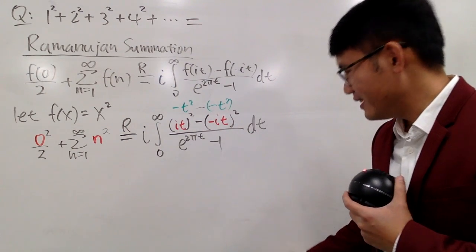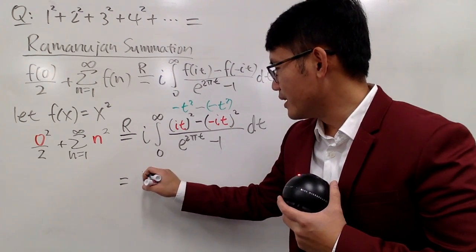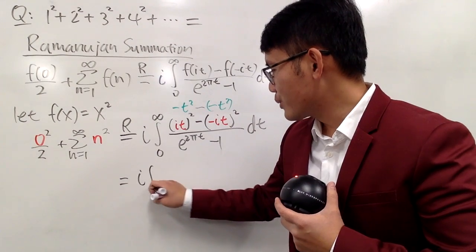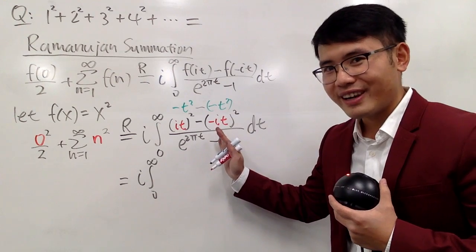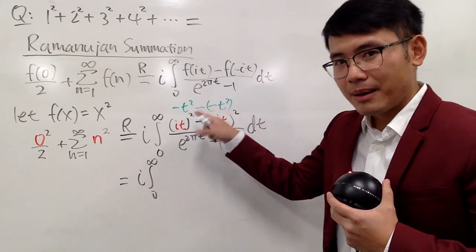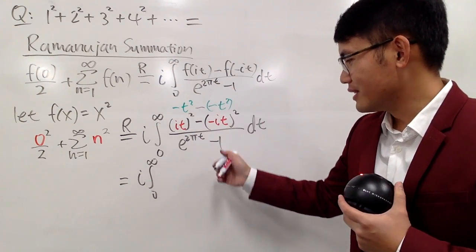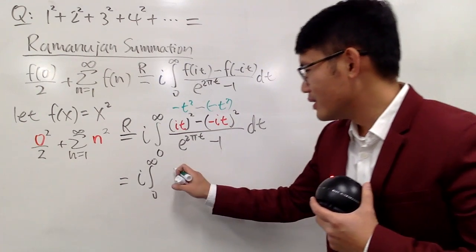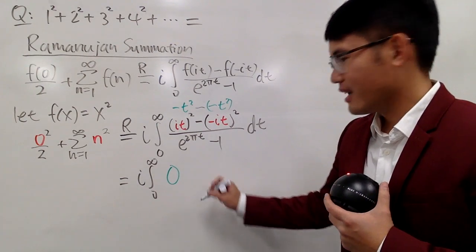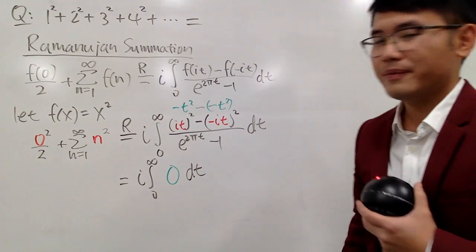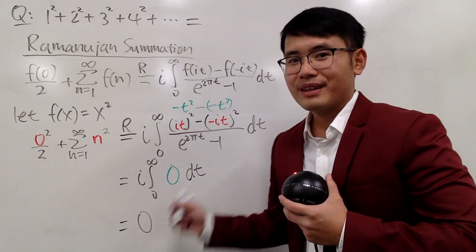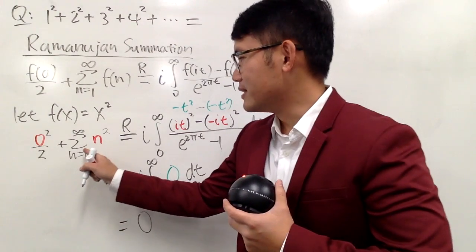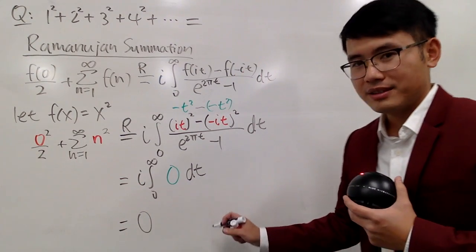So as you can see, this right here is equal to i times the integral from 0 to infinity. We worked out inside first, okay? The whole thing on the top, because the top is 0 over this. So it's very easy. 0 right here, and then dt. This right here is just 0. Let me just tell you guys a conclusion.